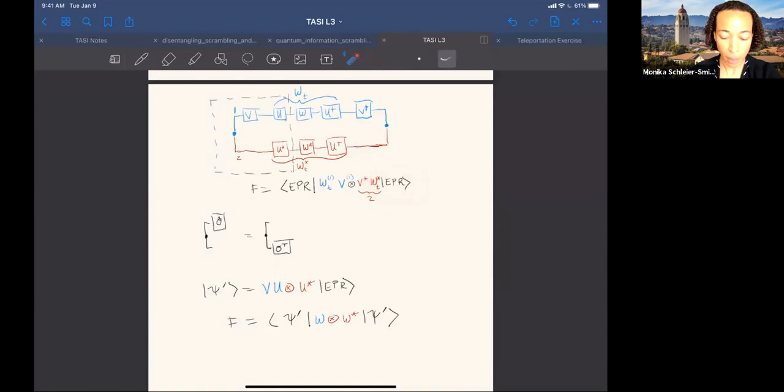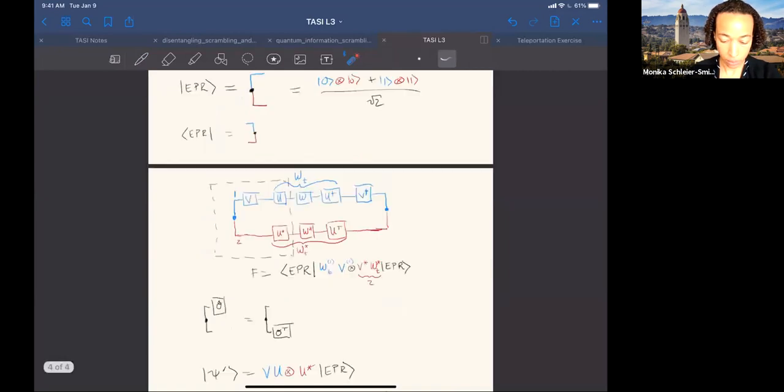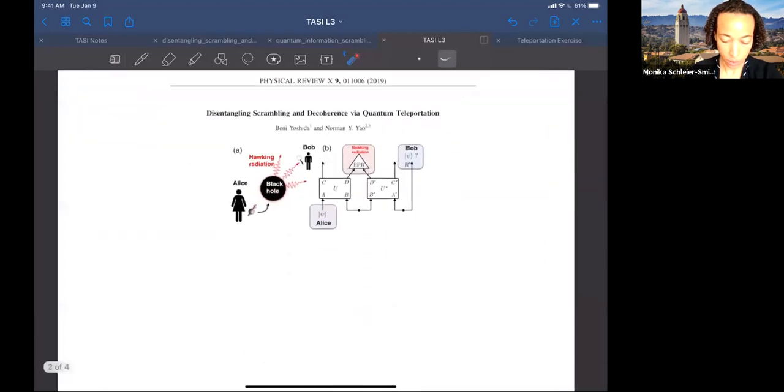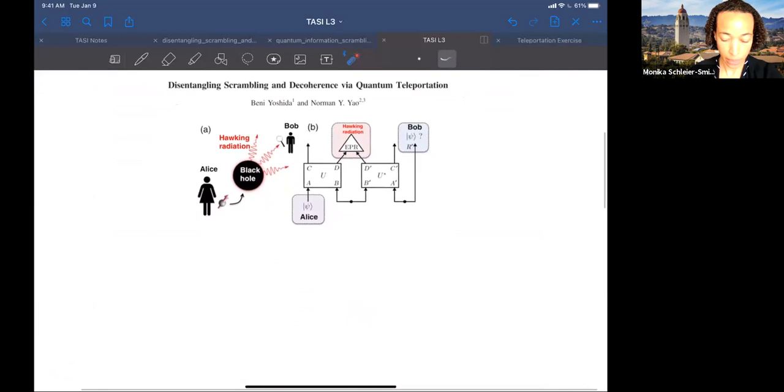And this is actually inspired by, let me just maybe copy a picture. So I've copied this nice picture.